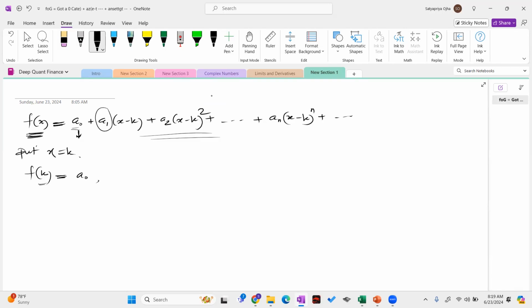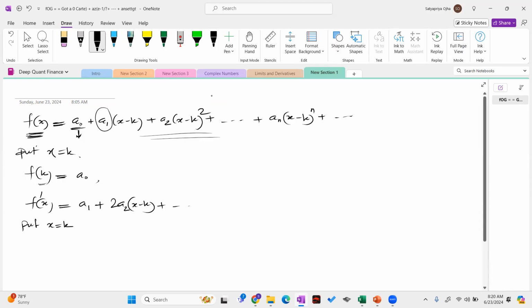So as Mridul said, differentiate the function on the left hand side and right hand side once with respect to x. We get f dash x equal to the derivative of the constant, which is 0, then we have a1, the derivative of x minus k is just 1, plus 2a2 times x minus k, plus and so on.